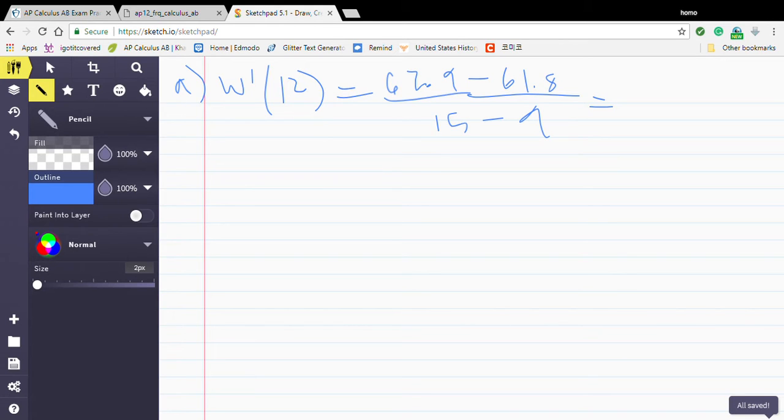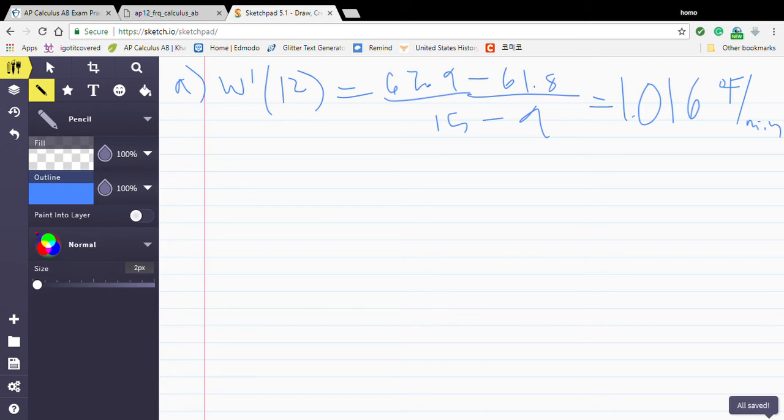The answer to this, once we put it in the calculator, is 1.016 degrees Fahrenheit per minute.